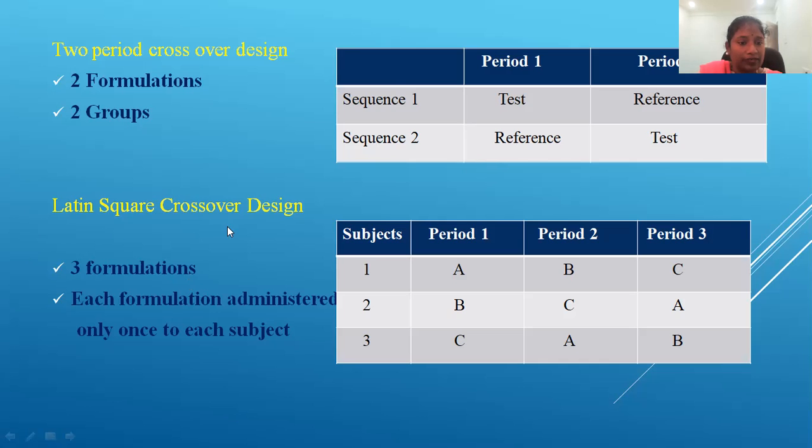Next is the Latin square crossover design. Here we take 3 formulations, A, B, C, and 3 subjects.